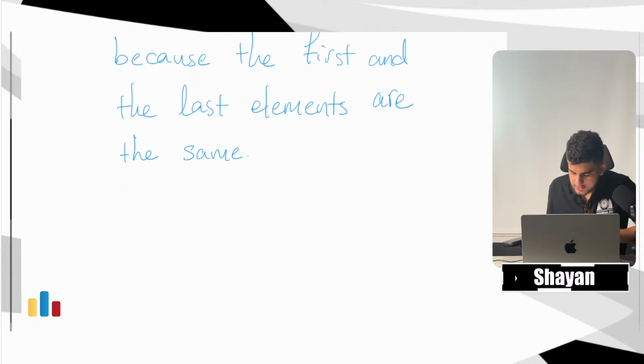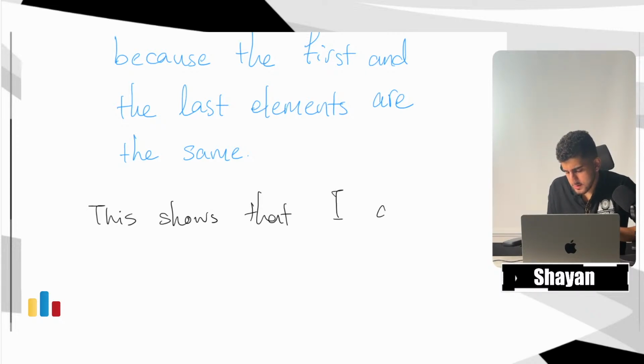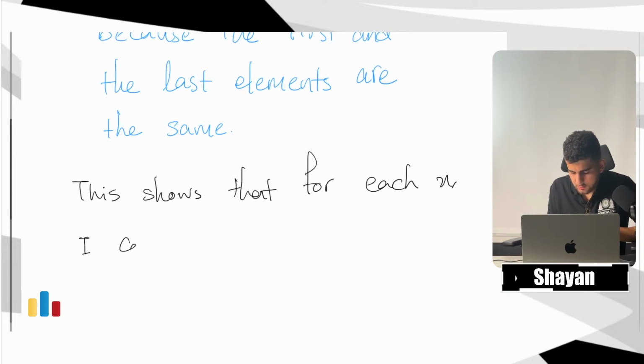So this shows that for each x I can always remove one element that is not x.